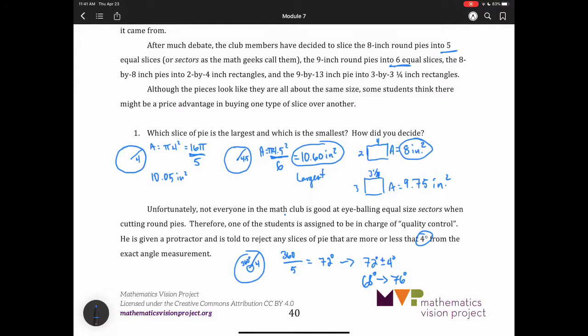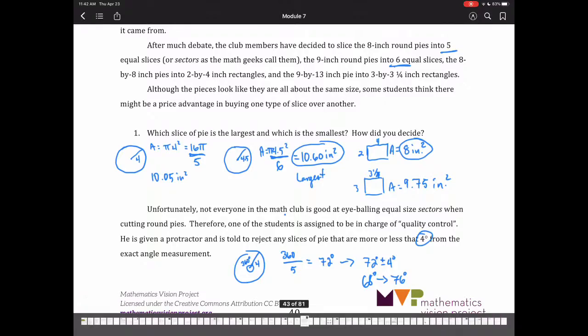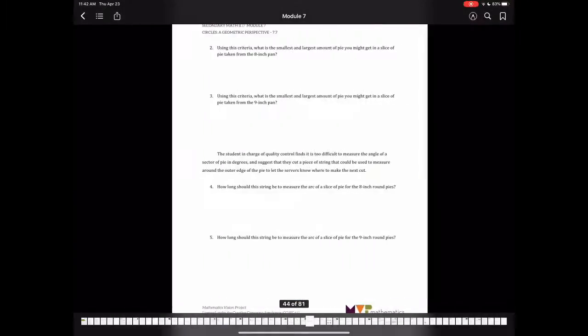It could be more than 4 degrees or less than 4 degrees. So someone might get a 76 degree slice while someone else gets 68. The 76 degree pie will be substantially more pie than the 68 degree pie. Okay, so let's look at what this entails for us on the next page.